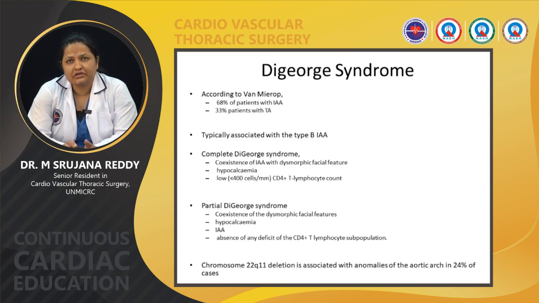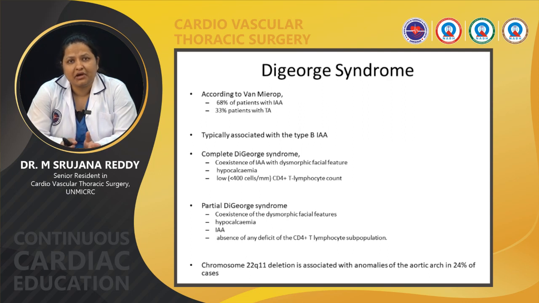It has been postulated there is a very close association between interrupted aortic arch and DiGeorge syndrome. According to Van Meyer, it is present in nearly 68% of the patients with interrupted aortic arch and 33% of patients with truncus arteriosus, and most typically associated with type B interrupted arch.